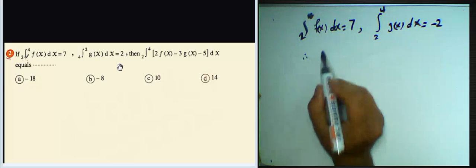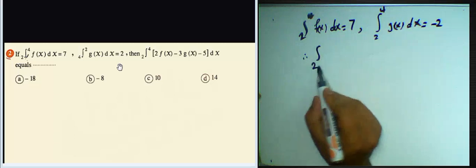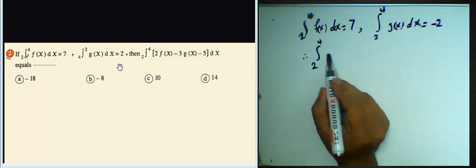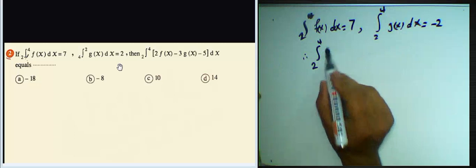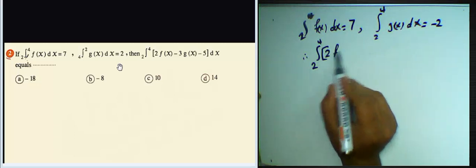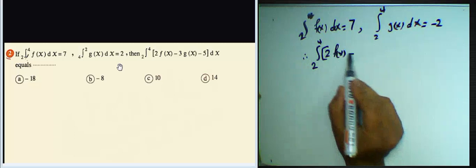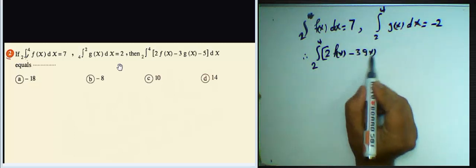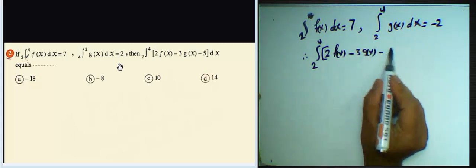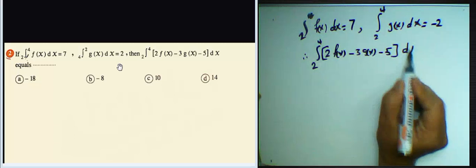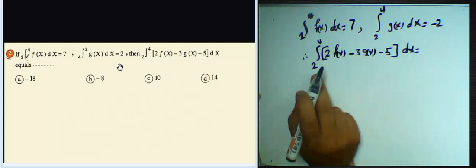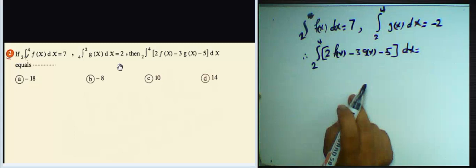Then we want to find the integration from 2 to 4 of 2 multiplied by f of x, subtract 3 multiplied by g of x, subtract 5 dx. We can distribute this integration over the 3 functions here.